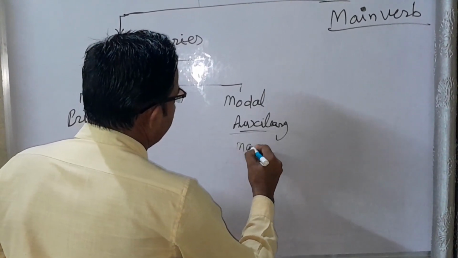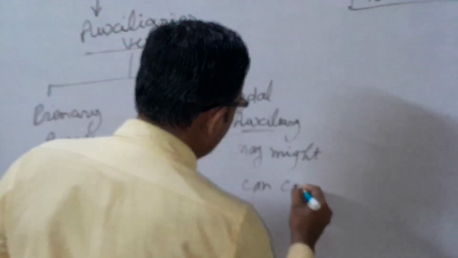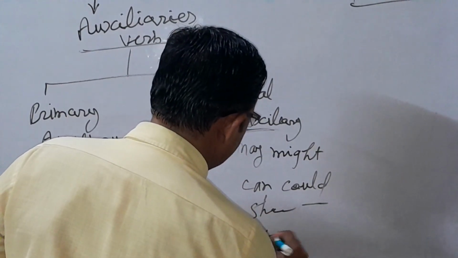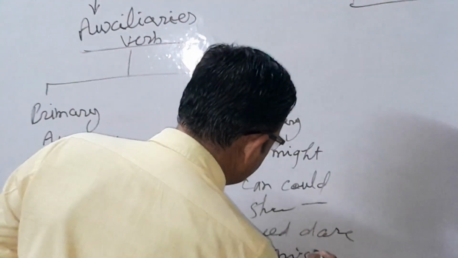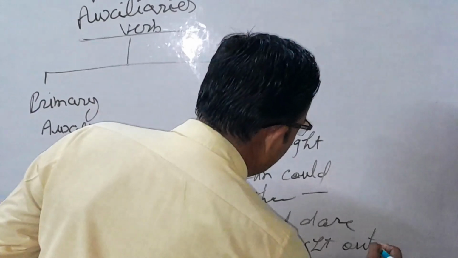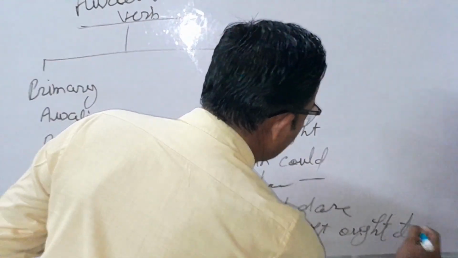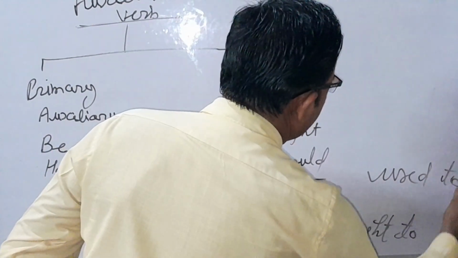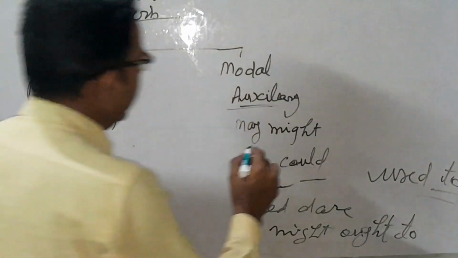They are may, might, can, could, shall, should, need, dare, ought to, ought take to infinitive, and used also takes infinitive. All these are modal auxiliaries.